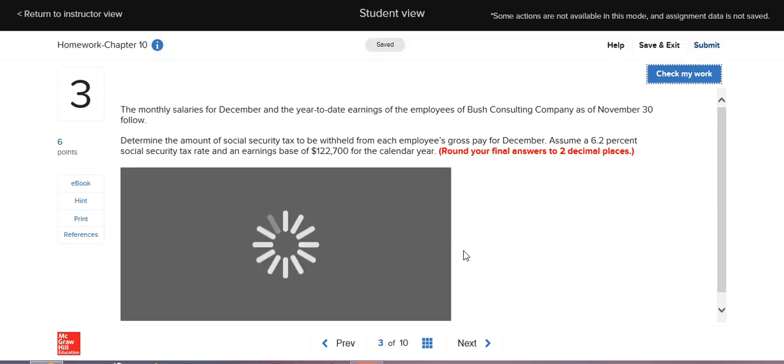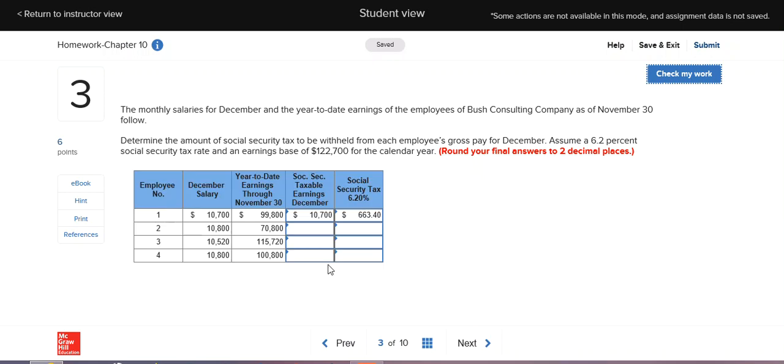There was one I wanted to look at because one of these people, I think it probably would just be one on yours too, actually hits that earnings base, and so they're not completely taxable for Social Security. So this one says they had $115,000 in earnings and they made over $10,000, so that's over $122,700.